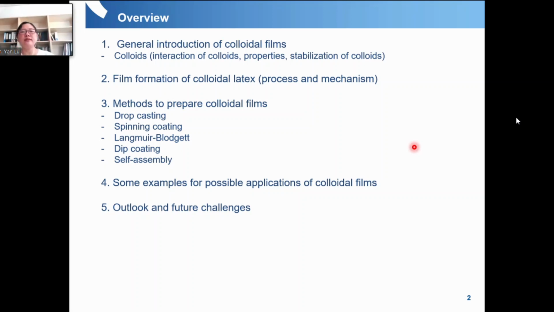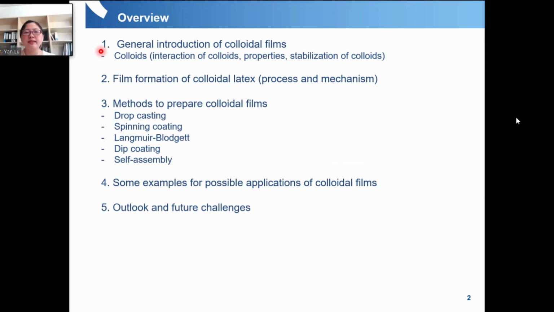For the talk today, I will first give you a general introduction, just to remind you what colloids are. The interaction of the colloids is very important when we consider the preparation of the films, and what kind of interaction you can use to stabilize the colloids.